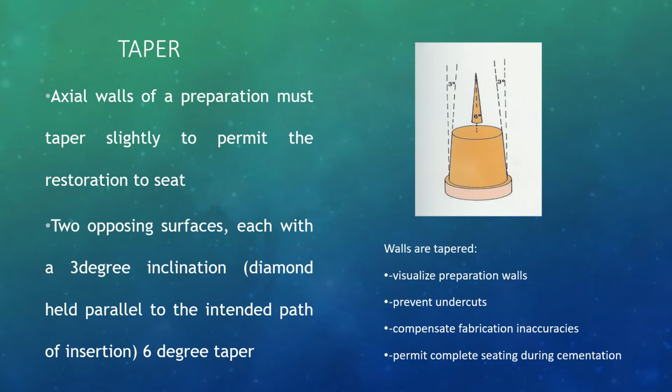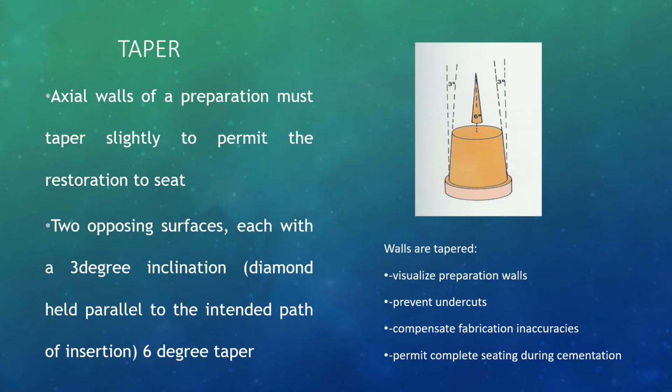And when you are tapering these axial walls and you allow a slight inclination of the axial walls, you're permitting the restoration to be seated easily and also be taken out without any difficulty. When the walls are tapered, you will be able to see the entire prepared surface.